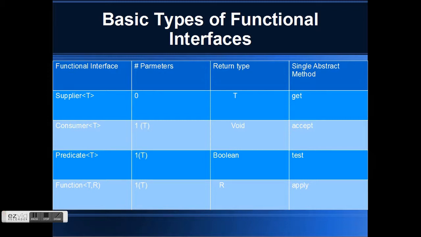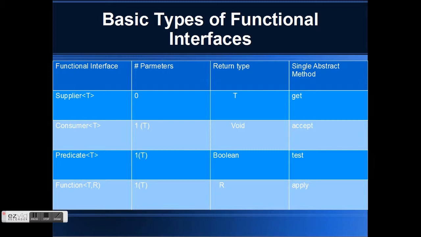It's basically a getter, and it returns a generic type, whatever you put in there. Consumer is void, and it accepts whatever generic type you put inside Consumer. And Predicate is Boolean: it accepts whatever generic type you put inside Predicate, and it returns a Boolean.